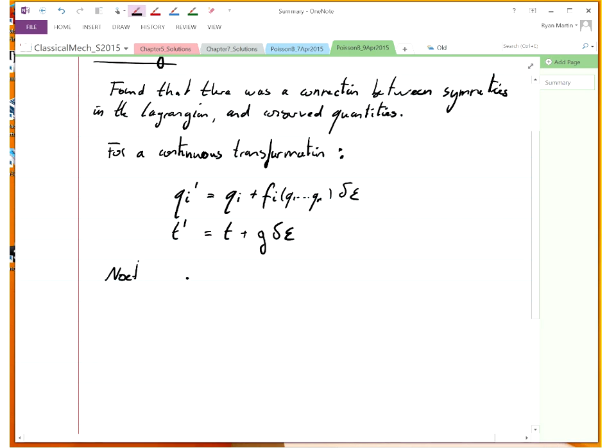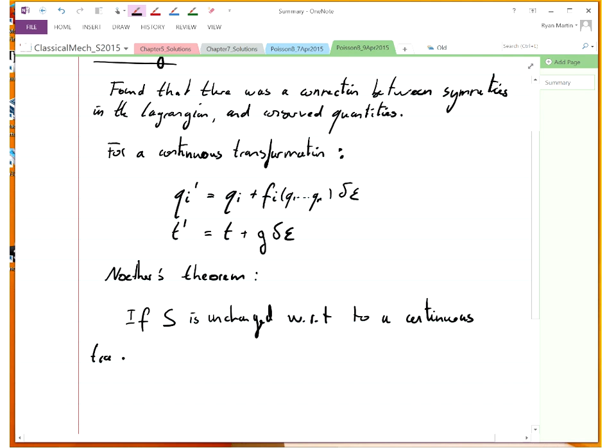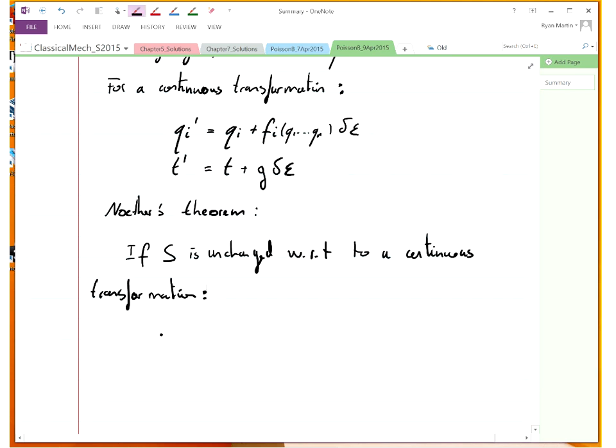And so Noether's theorem said that if the action is unchanged with respect to a continuous transformation, then the quantity Q, which was given by the sum over the degrees of freedom, i equals 1 to n, of fi multiplied by pi, where pi is the conjugate momentum to coordinate qi.